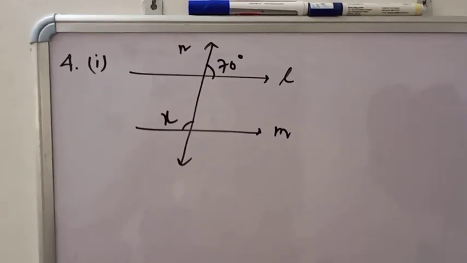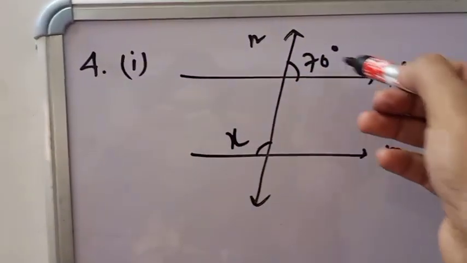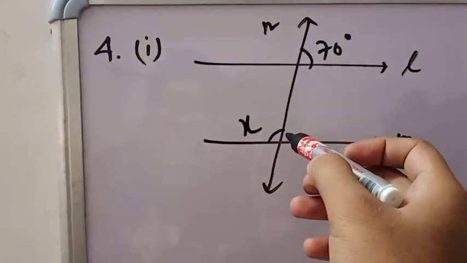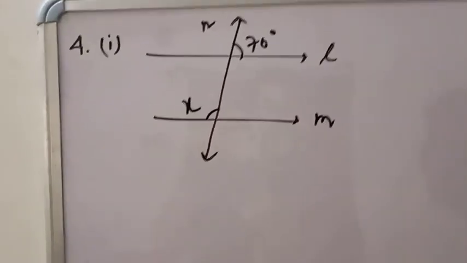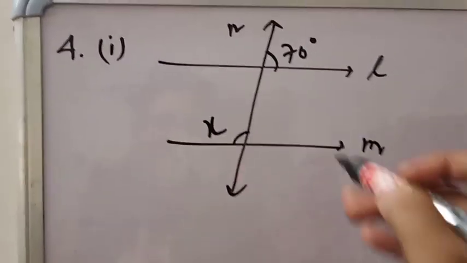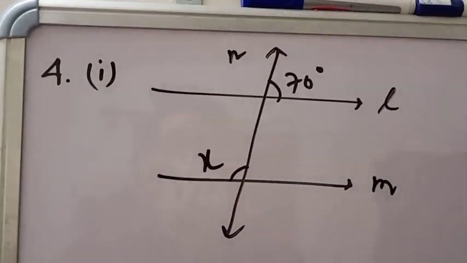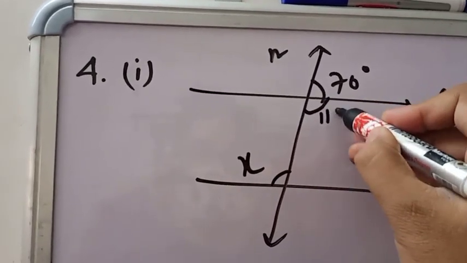Now in number 4, see that one angle is given as 70 degrees on L and you have to find x. You can find this angle by many methods. I am saying one of them. This is 70 degrees, so that means this equals 110. Why?